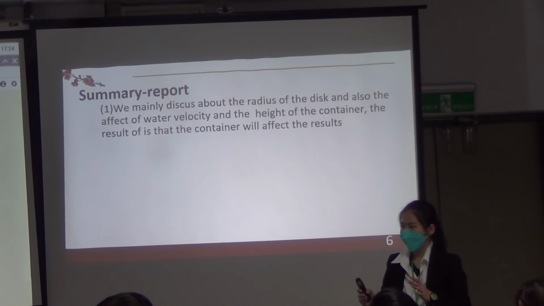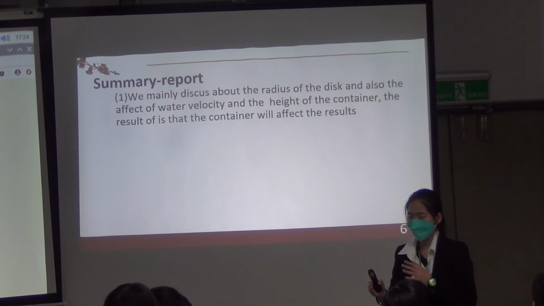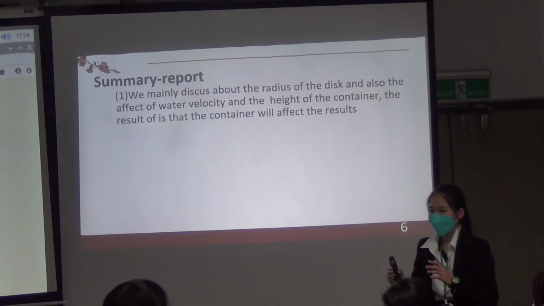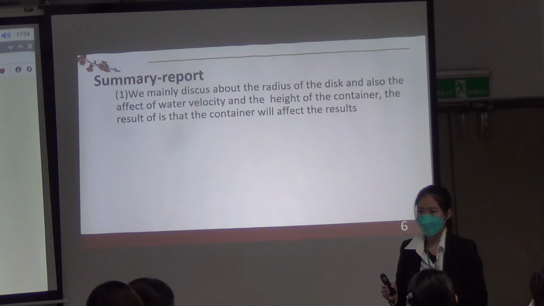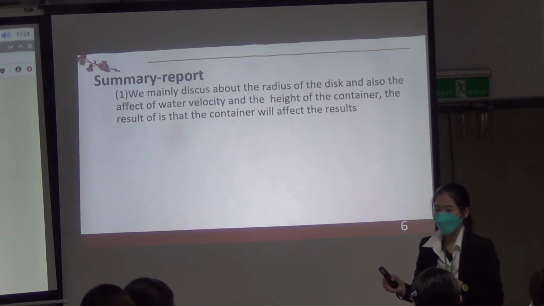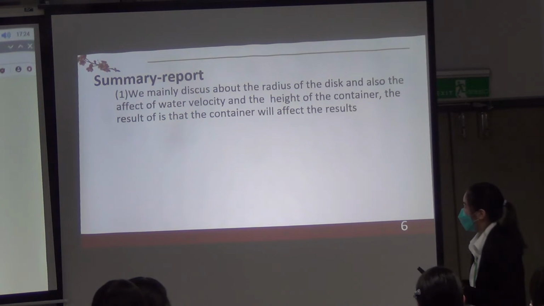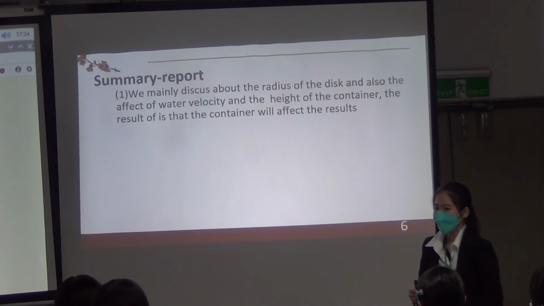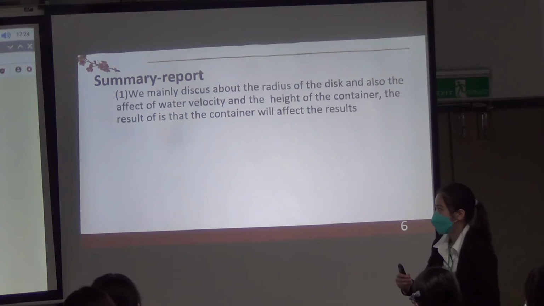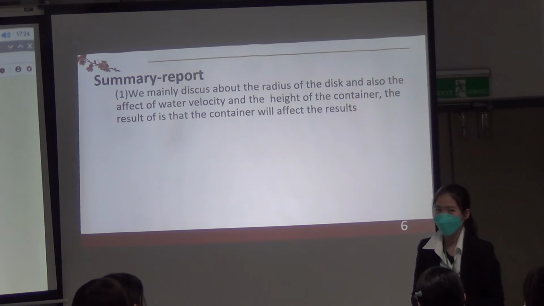I think there will be different situations: one where the hydraulic jump radius is bigger than the disc radius, and the other where the radius of the disc is bigger than the hydraulic jump's radius. We also talked about the velocity of the water jet. I think if the water jet velocity is bigger, we can make the heavier disc roll under.